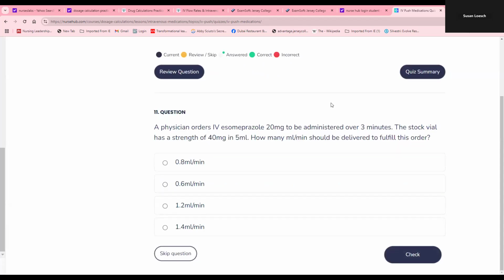Okay, here's your question, number 11. See if you can do it. Remember, start with what the question's asking you. That tells you how to set it up.